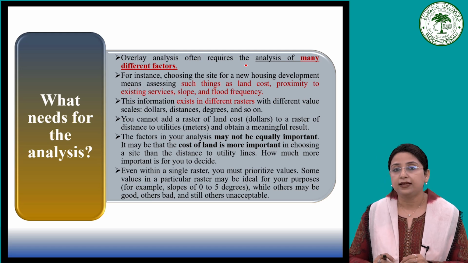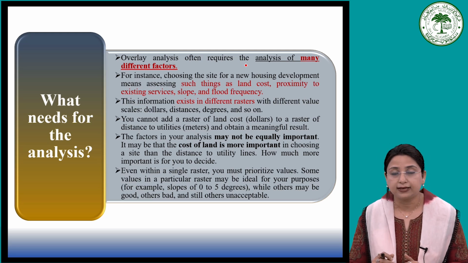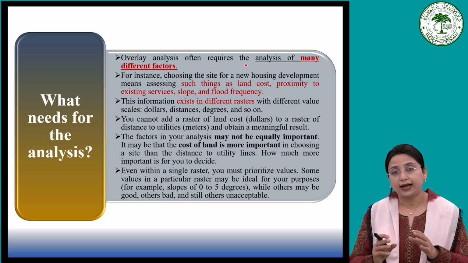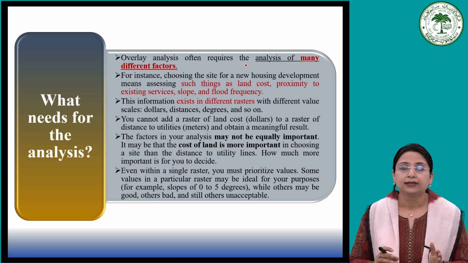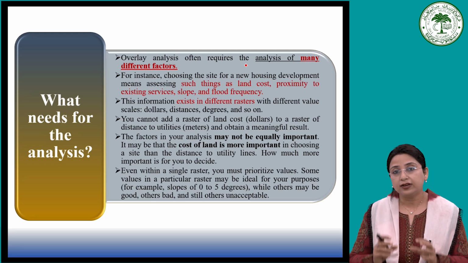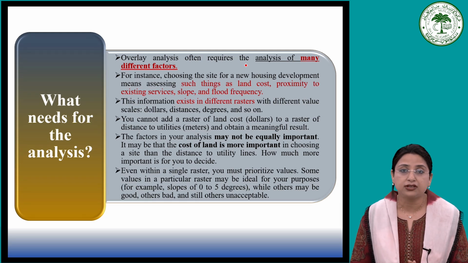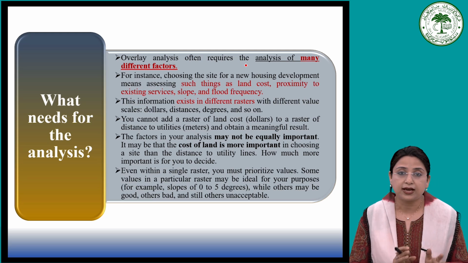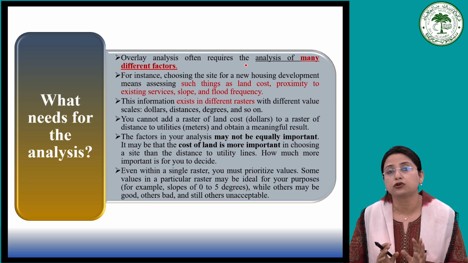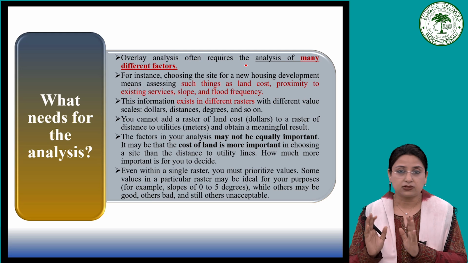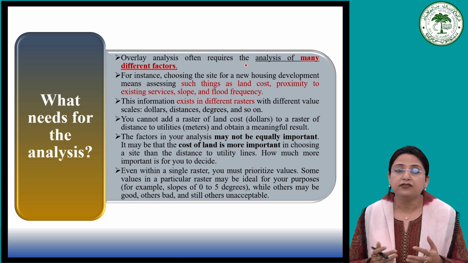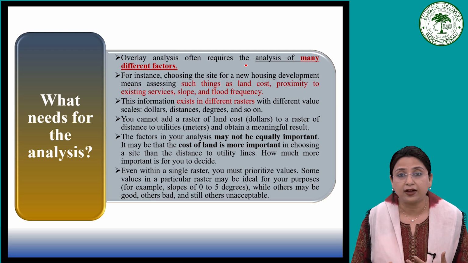For example, if the set criteria is, as in the previous example I have given, that we want to develop a certain transportation network in an urban area so that traffic jam or congestion on the street should be avoided, meaning our set criteria is this. Accordingly, we can take many different factors.